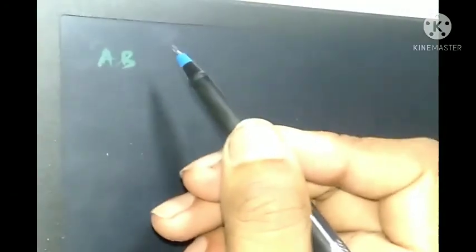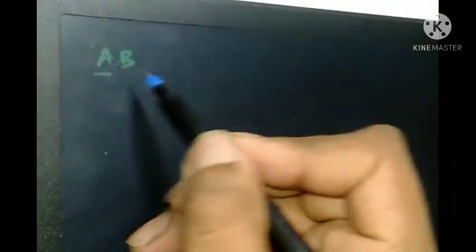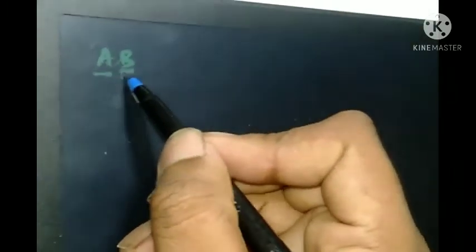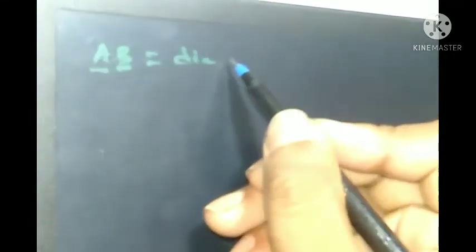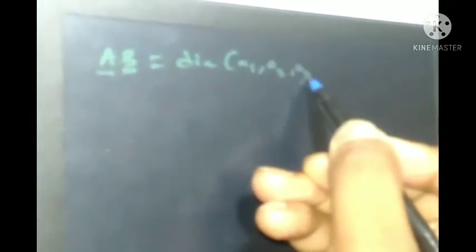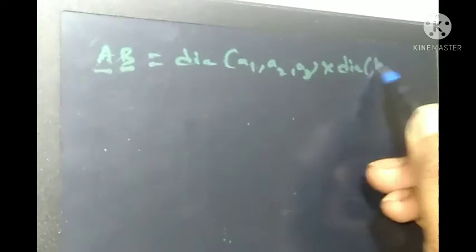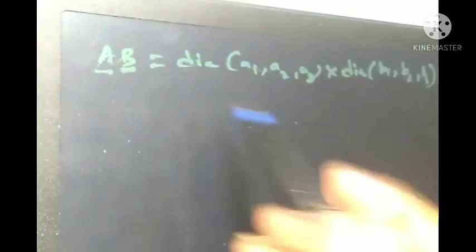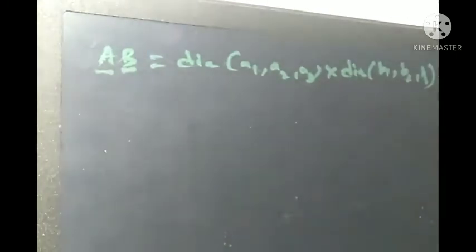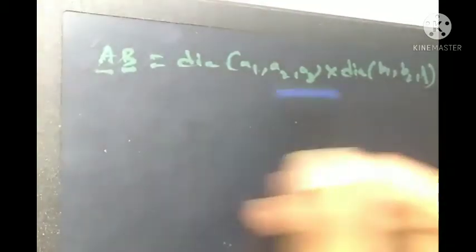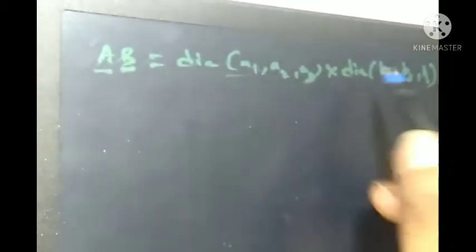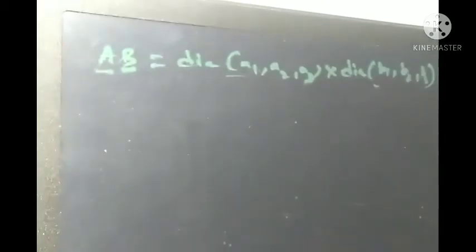Now, multiplication of two diagonal matrices. I give one short trick to multiply two diagonal matrices. If we take diagonal matrix A as diagonal of A1, A2, A3, a 3 by 3 matrix, and multiply it with diagonal matrix B as diagonal of B1, B2, B3, because except the diagonal line all the entries are 0, we directly multiply the diagonal entries with the other matrix's diagonal entries.